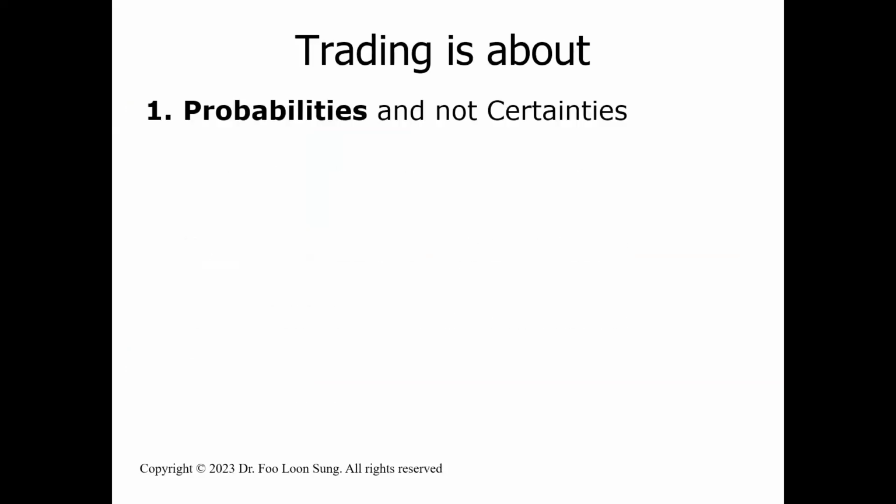So let me just talk about some important points in trading. Number one, trading is about probabilities and not certainties. And that's very important because many people forget that trading is about probability. There's no holy grail.